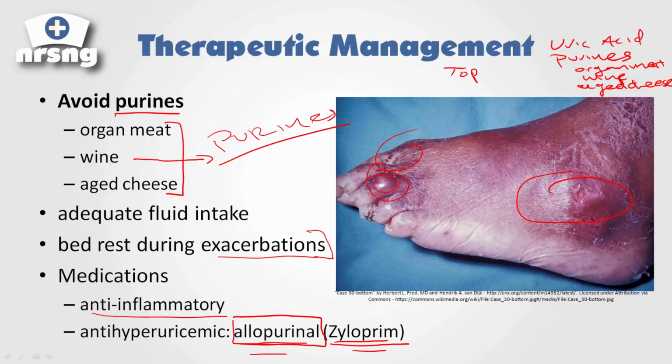I want you to keep in mind tophi, which are these little nodules that develop. And then I want you to keep in mind allopurinol. Okay? And then when a patient has these exacerbations, you need to have them rest and relax and try to make it through the exacerbation. Okay, those are the things I want you to keep in mind. If you have any questions, be sure to let us know.